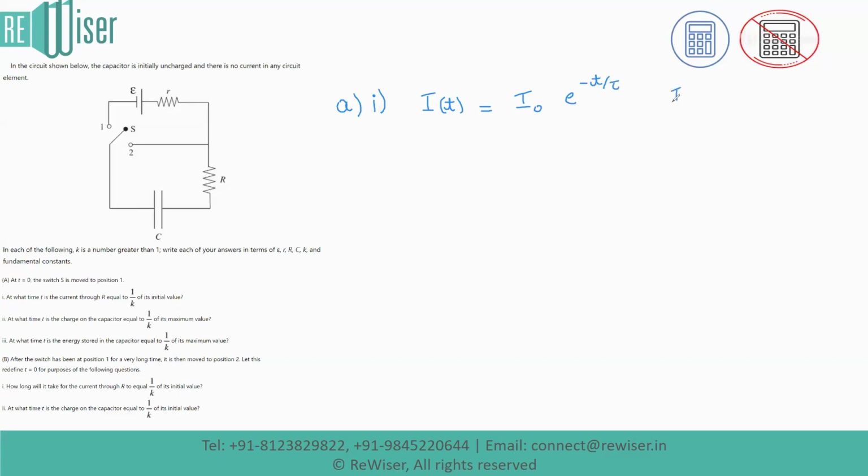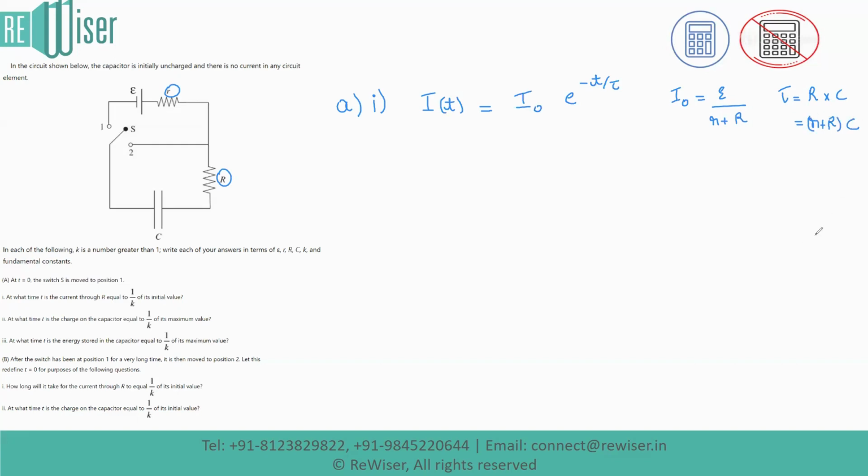Here, I naught, the maximum value of current, is nothing but the input EMF epsilon divided by the total resistance. The resistors small r and capital R are in series in this given circuit connection, so total resistance is just r plus R. And tau is just total resistance times C, which here is small r plus capital R times C.